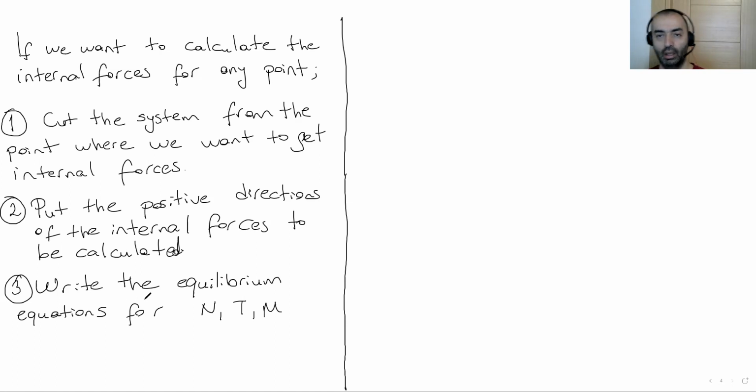We have some methods to solve hyperstatic systems by hand. If it's a simple system, yes, you can do it by hand. But if you have a complex structural system, it's not easy to do by hand. We use software, we use computers to make these complicated calculations.